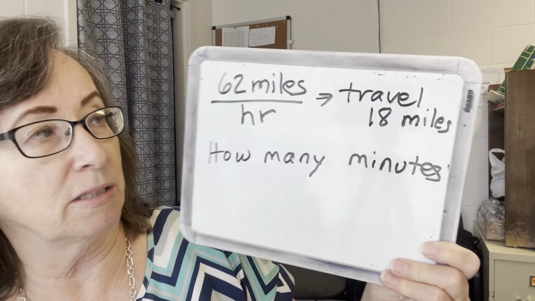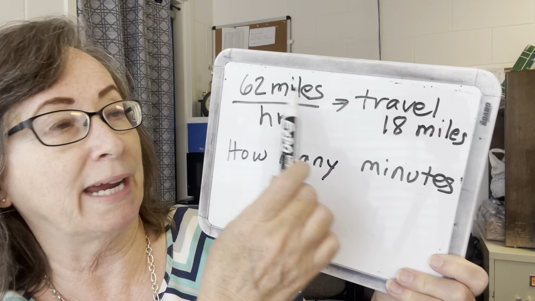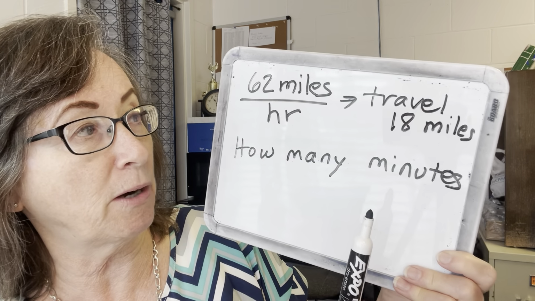Okay, and C says, if a commuter train averages 62 miles per hour between stops that are 18 miles apart, about how many minutes does it take the train to travel the distance between the two stops? Okay, so that's a lot of words, but what are we looking for? The train is traveling at 62 miles per hour.